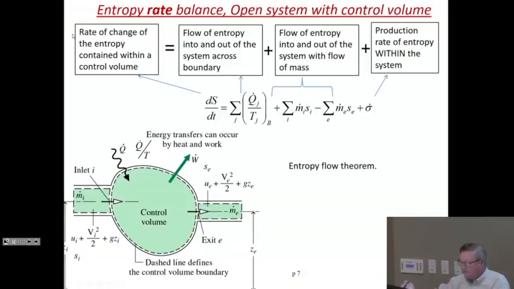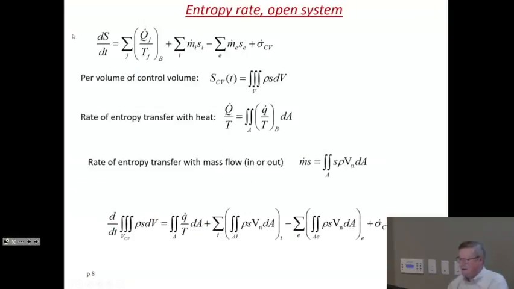So we now have a function that applies to open systems and control volumes. That's the equivalent of the equation we had for the enthalpy. Note that we don't have a PV term in this, so we don't have the equivalent of a flow work theorem. The entropy theorem is much more akin to the internal energy. So for an open system, I can write that.